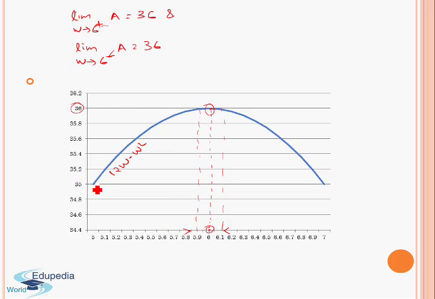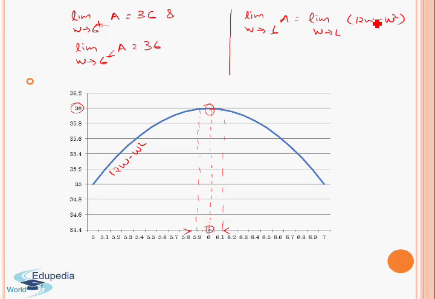Okay, now without drawing the graph also, we can compute the limit by direct substitution. That is, limit W tends to 6 of A equals limit W tends to 6 of 12W minus W square.